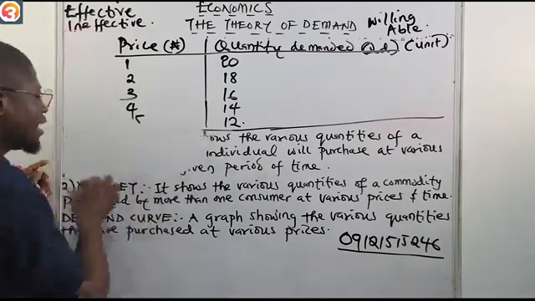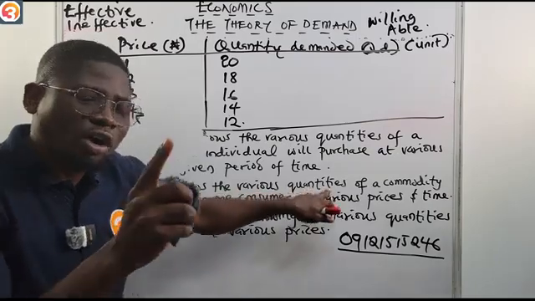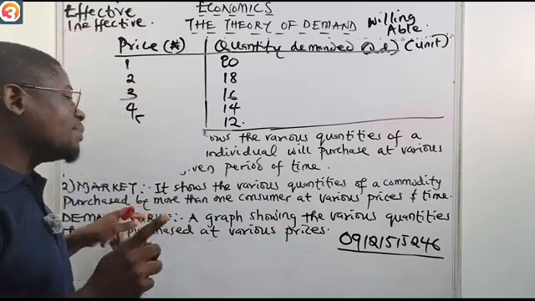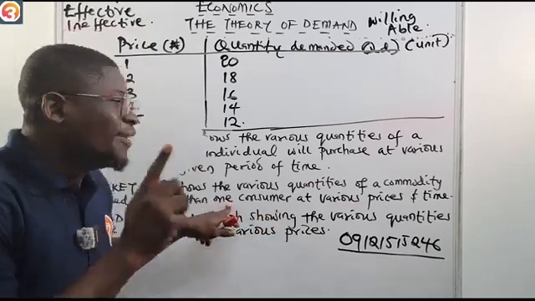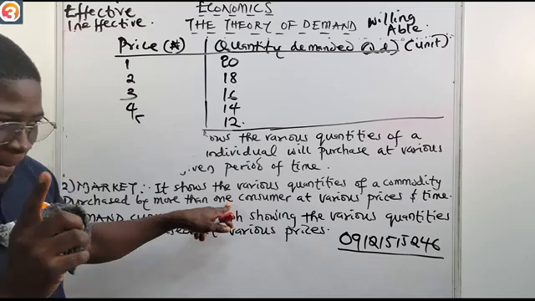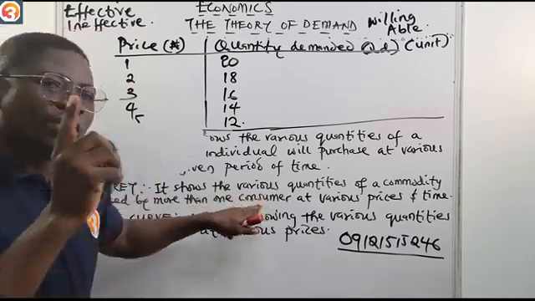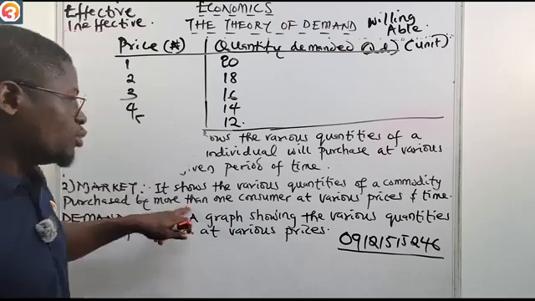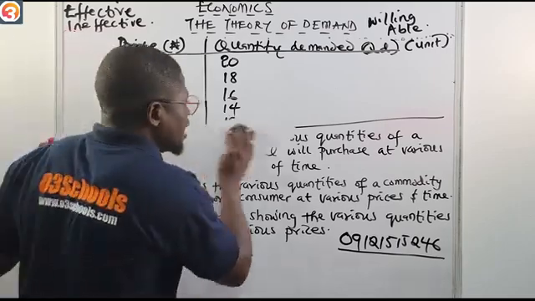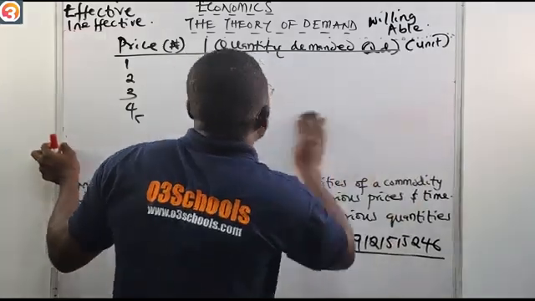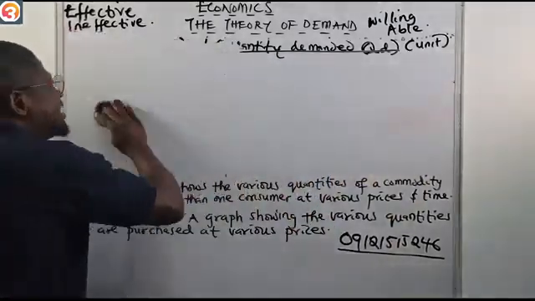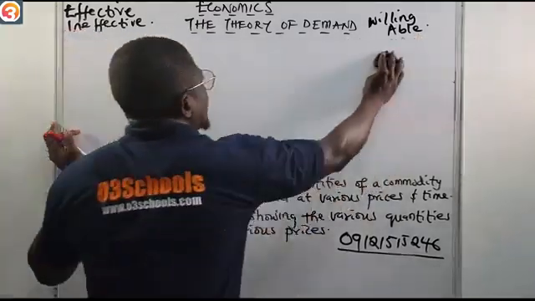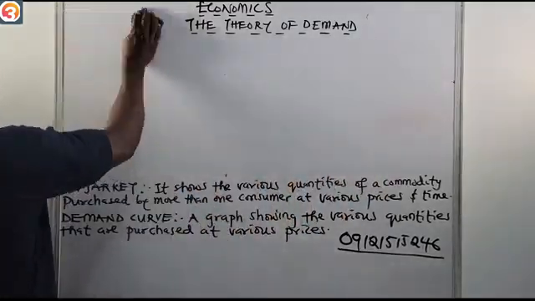We say that the market demand schedule shows the various quantities of a commodity purchased by more than one consumer at various prices and time. Let us now look at a hypothetical example of a market demand schedule.